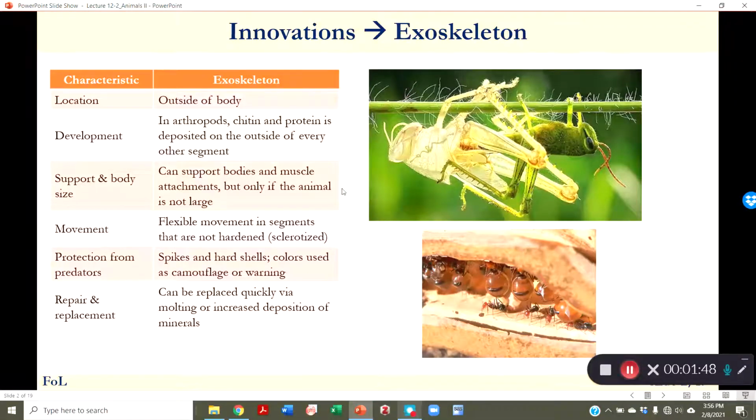This picture of honeypot ants demonstrates this issue. You can see that this is an extreme example. This is the exact same genetic material in this ant and this ant.